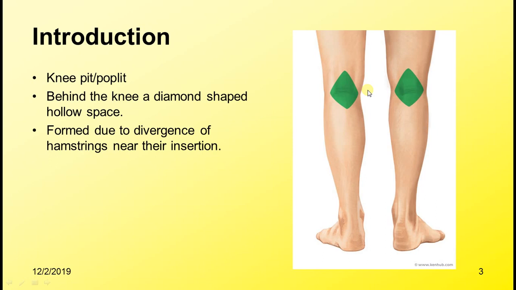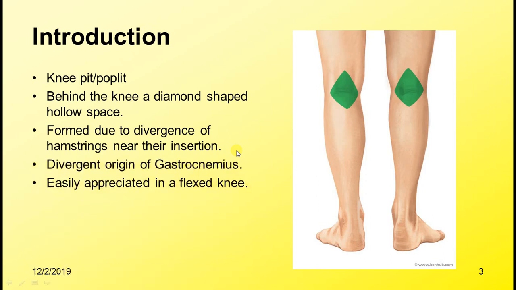So, it is not only the divergence of the hamstrings near their insertion, but also the divergence of two muscles of the posterior compartment of the leg, the gastrocnemius muscle, its divergent origin. So, it is the divergent insertion of hamstrings and divergent origin of gastrocnemius which leaves a space around these muscles, and it is called the popliteal fossa.